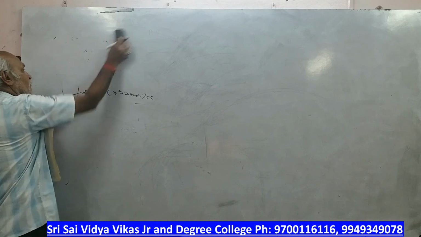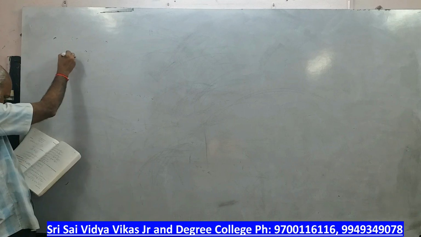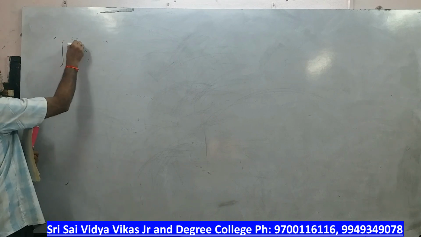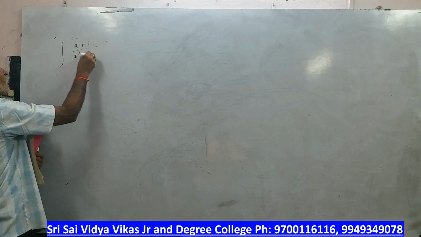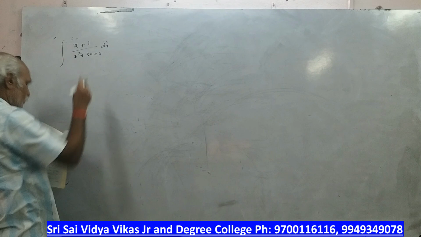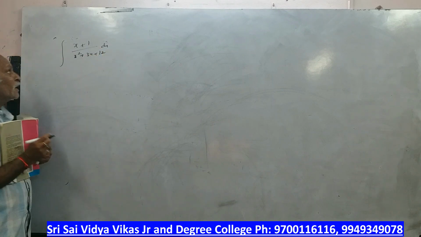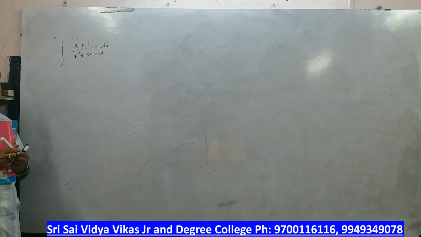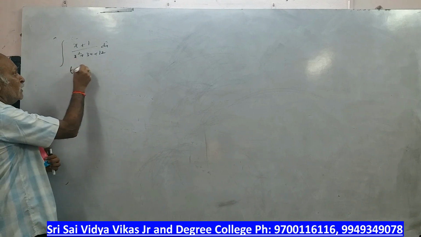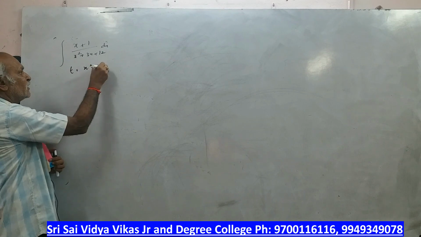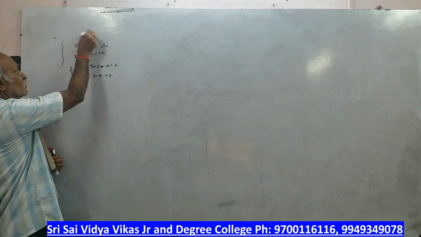For example, x plus 1 by x square plus 3x plus 12. If you observe the derivative of this, if you assume t is equal to x square plus 3x plus 12, what is the derivative? 2x plus 3, which is not there.